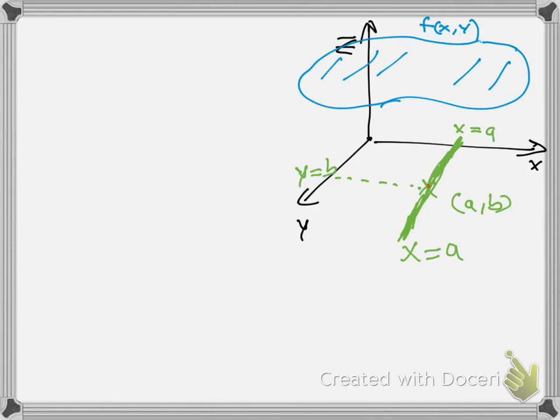This point here goes somewhere here, this point goes somewhere here, and so on. You have a bunch of points, and then you can connect all these points. So that will be this curve here, a different curve, another curve.